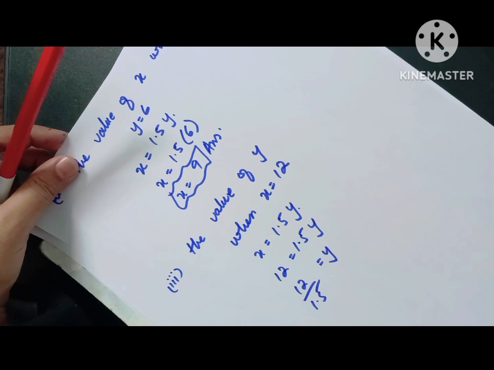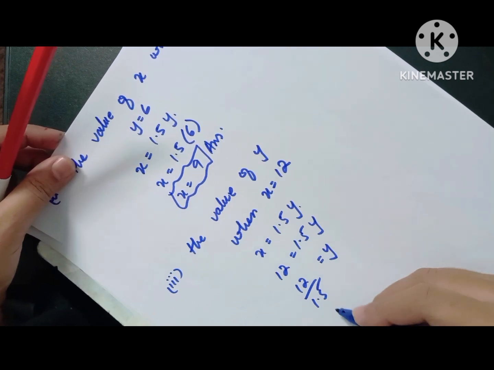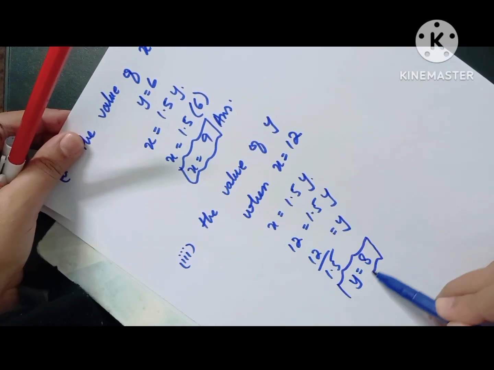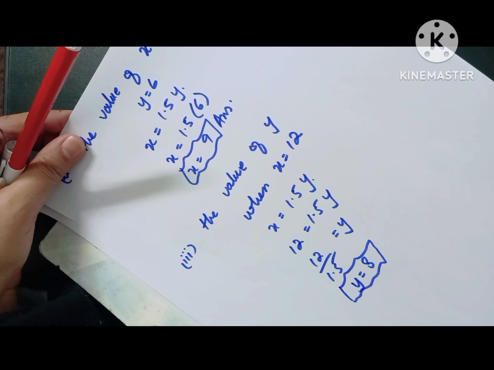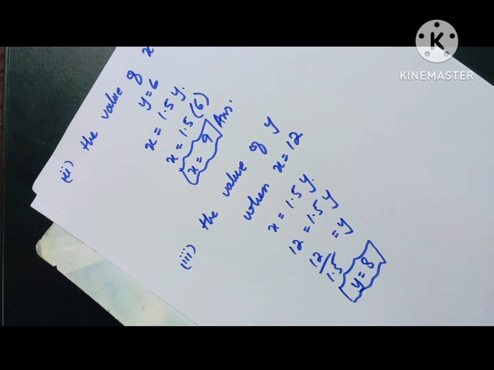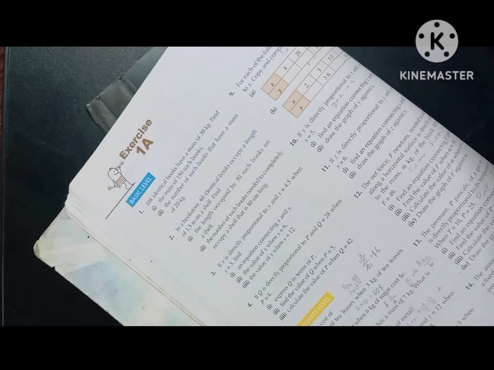Then it will be 12 divided by 1.5. Then y is equal to 8. So these are the answers of 1, 2 and 3 parts. And now we are moving toward the next question. And the next question is question number 4.